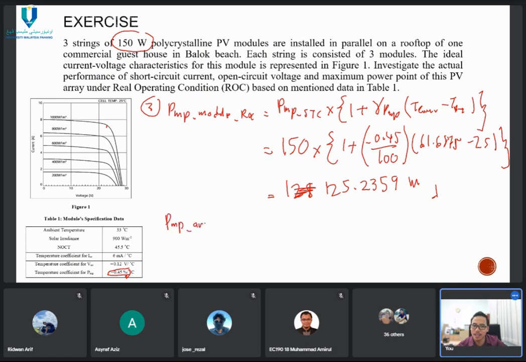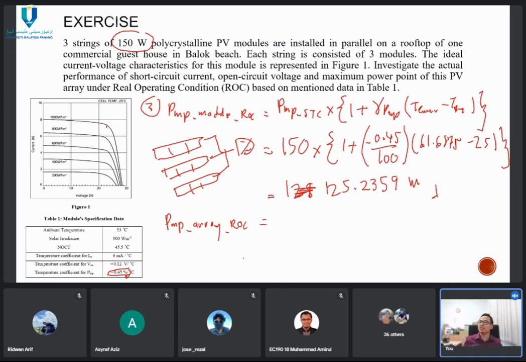PMP array ROC. So what should we do? Okay. Parallel, let's say connected in inverter. So PMP array ROC, what should we do next?